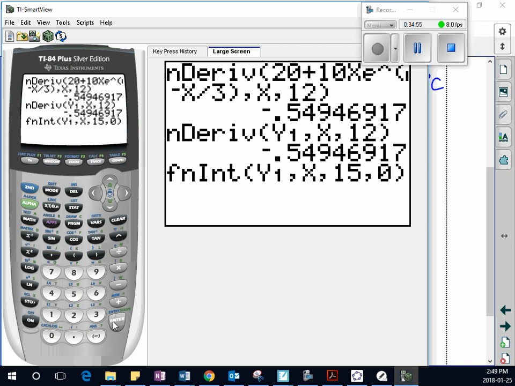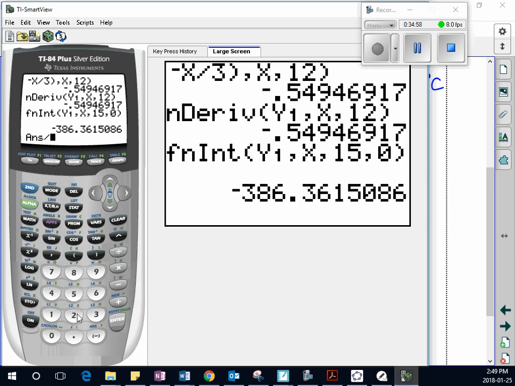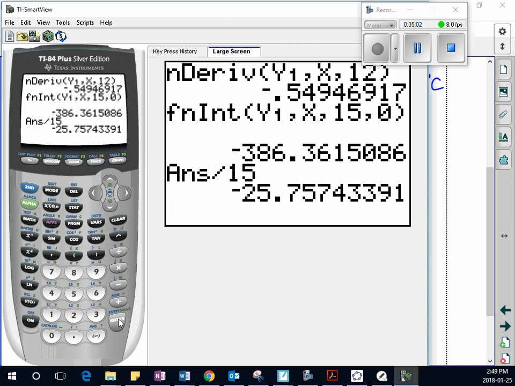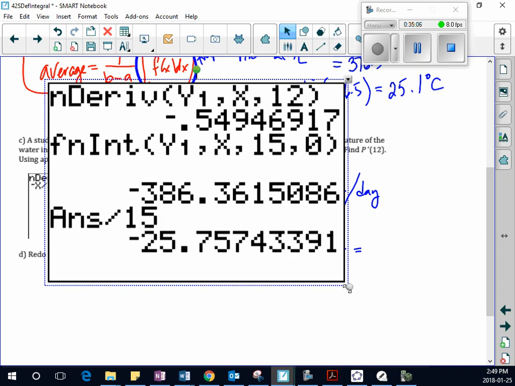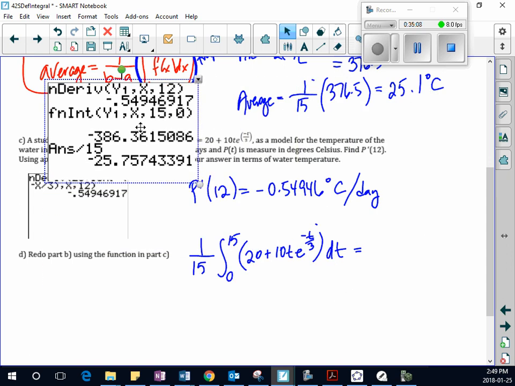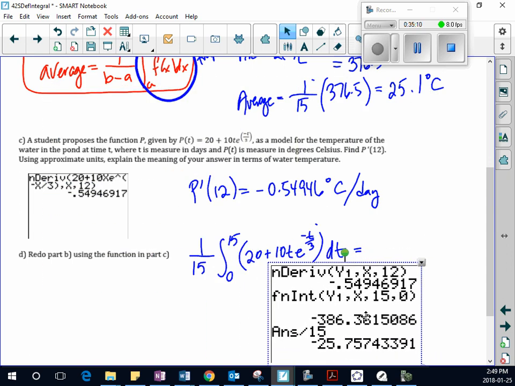Get your answer, divide by 15, because that's what we have to do to find that. And you get negative that. What is that? That is my real answer. Like the one I did up here was my trapezoidal answer, 25.1 degrees, right?